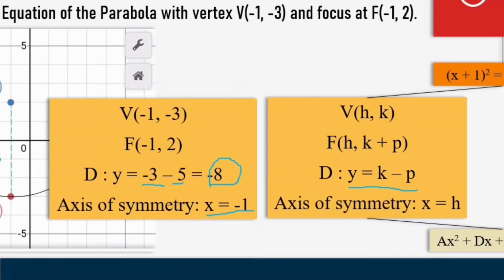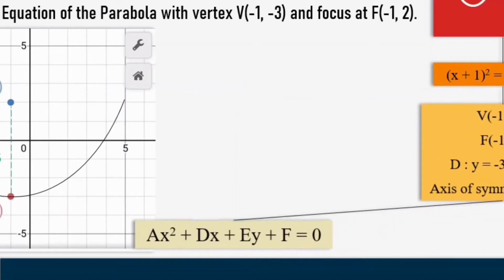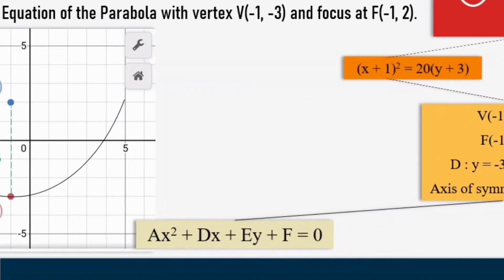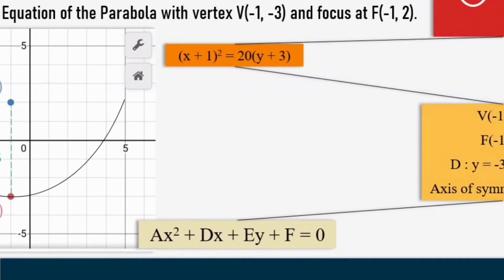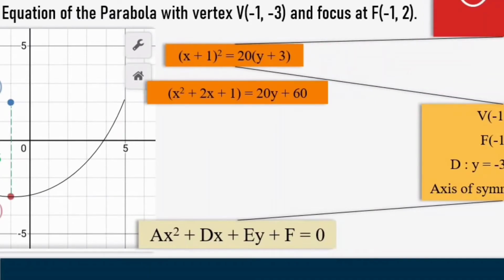To transform a standard equation to general equation, expand natin yung nasa loob ng parenthesis, we get x squared plus 2x plus 1. And distribute natin ang 20 sa loob ng parenthesis, we get 20 times y, that is equal to 20y, and 20 times 3, that is equal to 60.